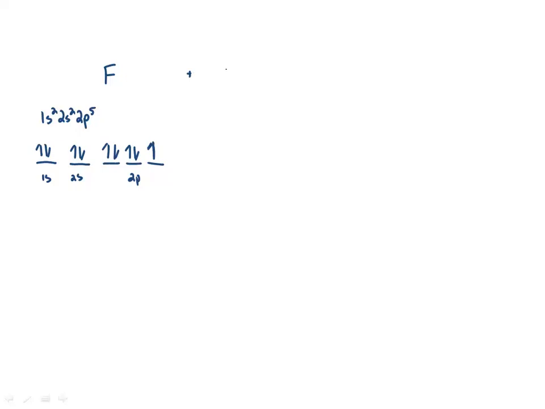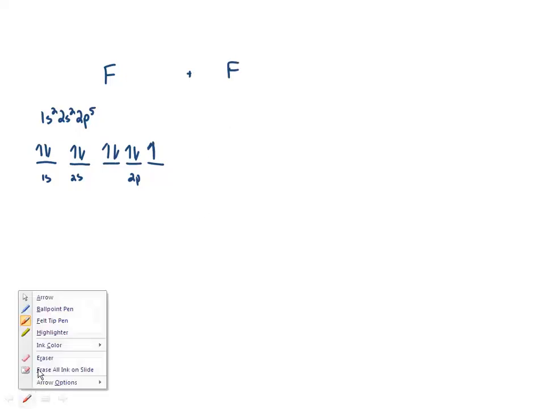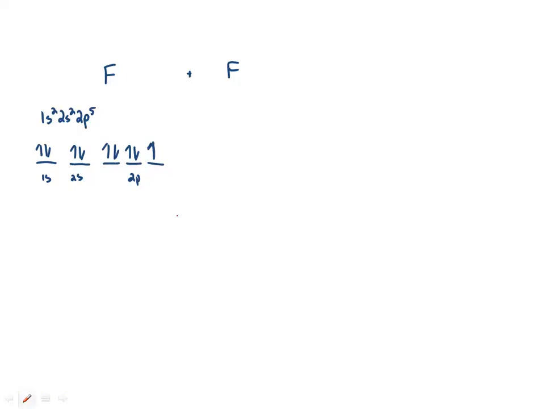And then if I have a second fluorine, it also has a similar electron shell diagram. I'll draw it in red. Like this. 1s, 2s, 2p. Lots of paired electrons.